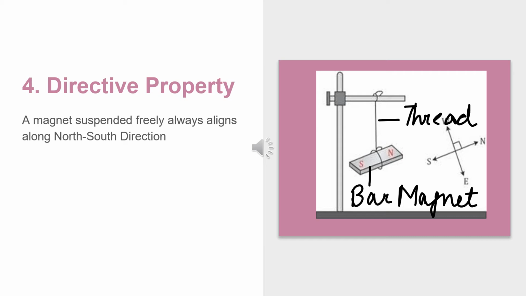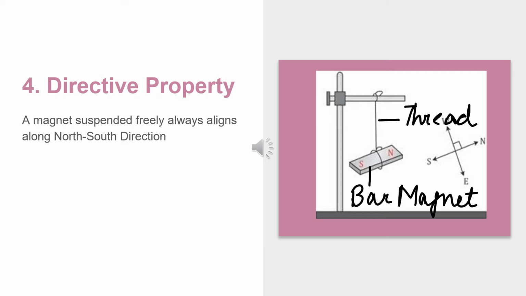When you suspend it freely, either on a stand as shown in the picture, or you just place it on a cork in a water bowl, whatever you do, whenever it comes to rest, it is going to point towards the north-south direction, the geographic north and south.